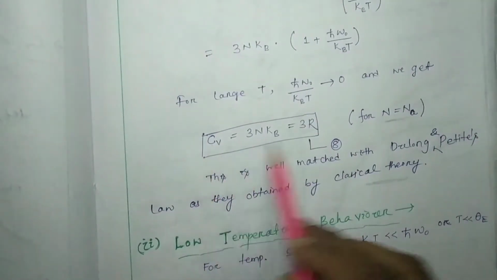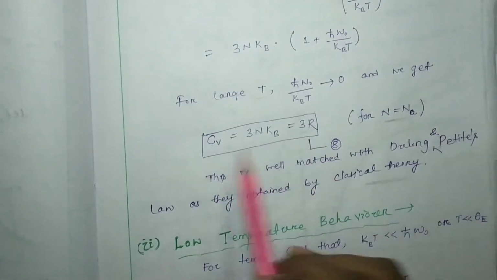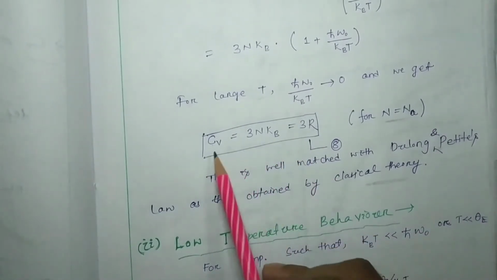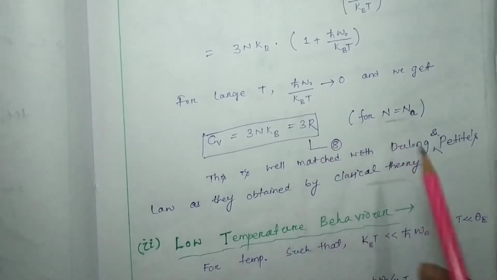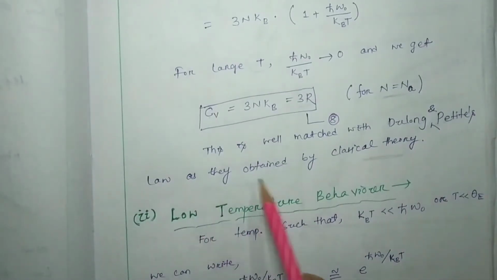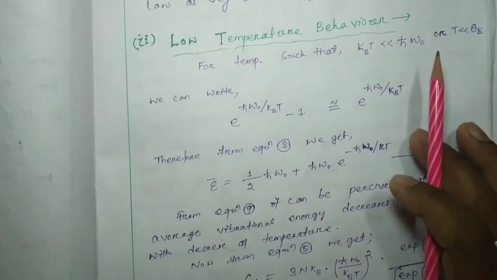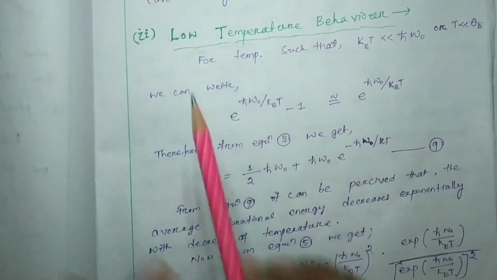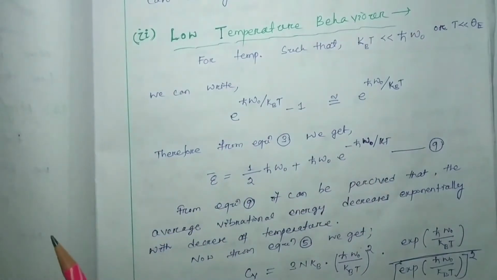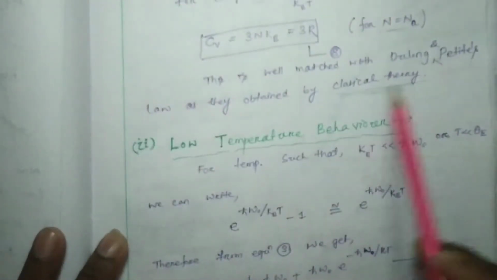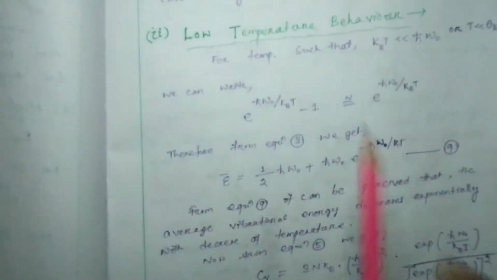At higher temperature, by considering the Einstein model, we found Cv equal to 3R, which matches Dulong-Petit's law as obtained by classical theory. Now we consider the lower temperature behavior. Why the specific heat decreases with a decrease of temperature could not be explained by classical theory, but is explained by the Einstein theory.